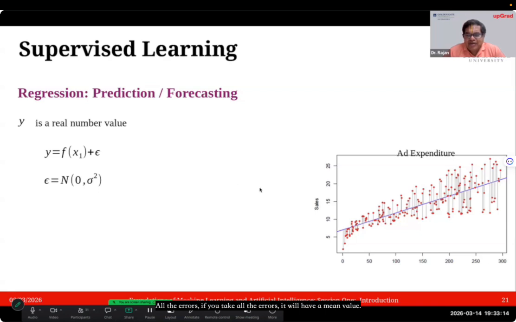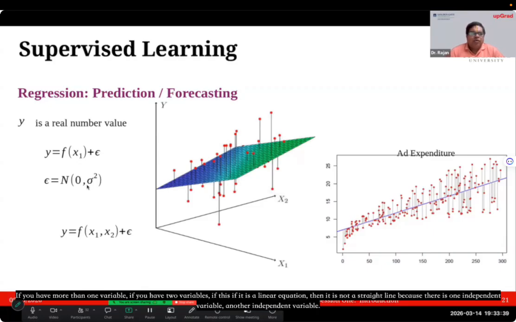If you take all the errors and take the average of them, it will be 0. And you take the standard deviation, that will be some number. That number we call sigma. Standard deviation squared is called the variance. So it has a variance sigma squared. That's how we write this mathematically.